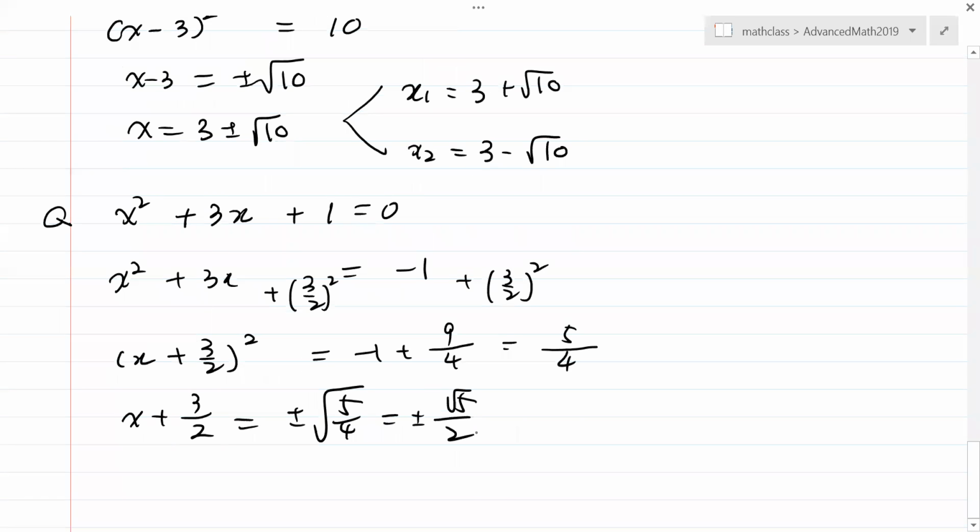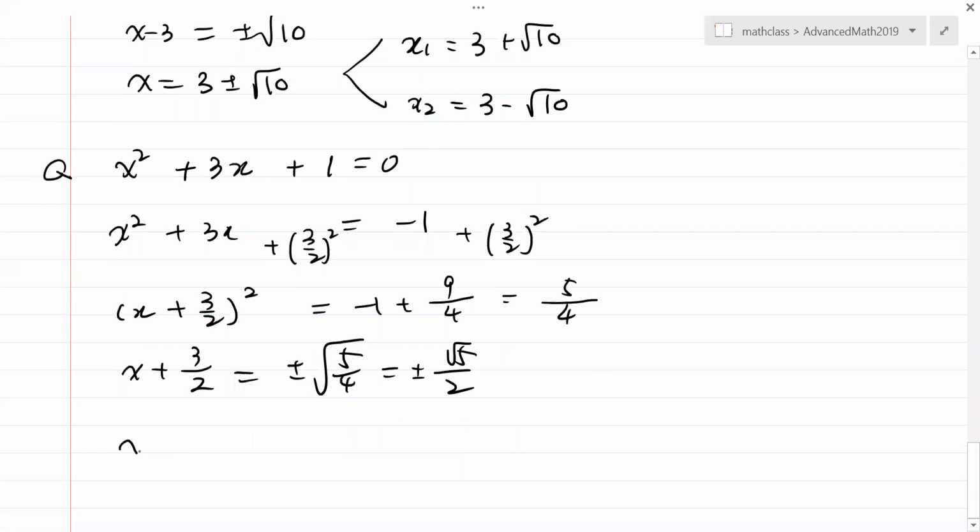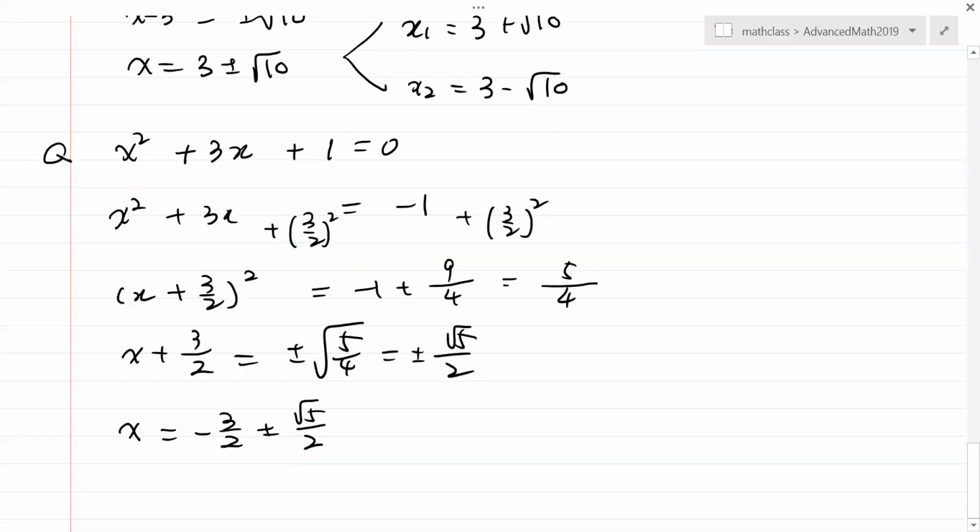So now what do you get? Again, you get two solutions. You can write the solution in one simple form.